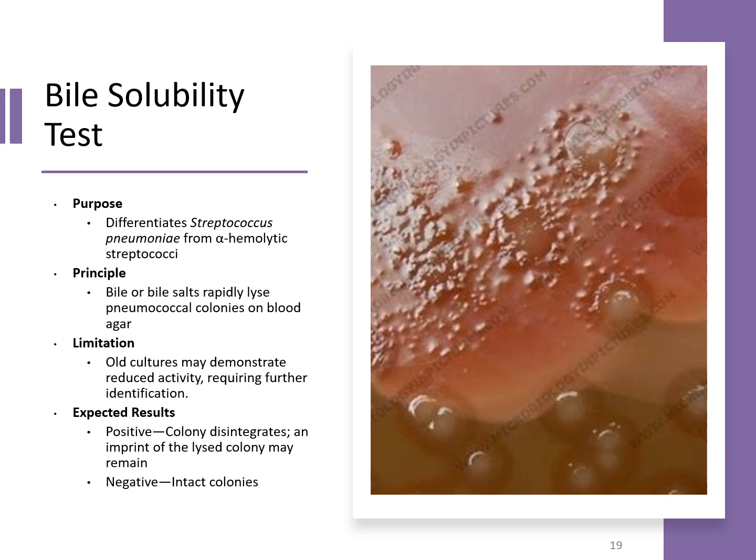Bile solubility is used for your Strep pneumoniae. And so what you will do is, if you suspect that you have an alpha hemolytic streptococci and you want to determine if the colony itself is lysed by the bile or the bile salts, then you would add a small drop to the agar plate.